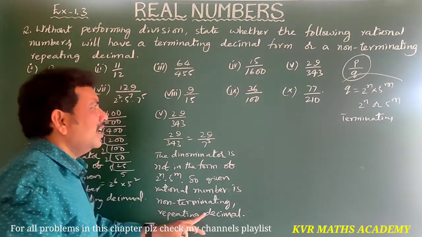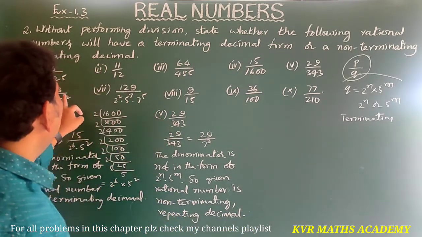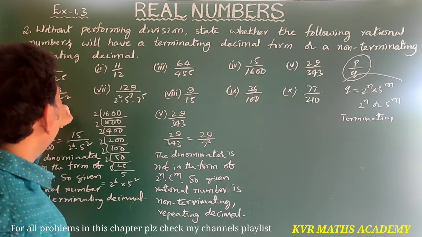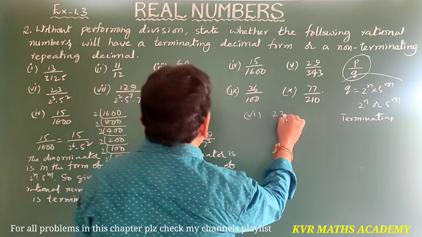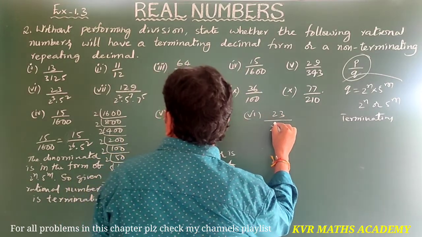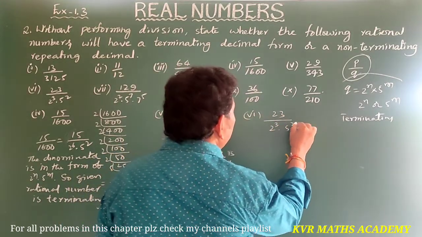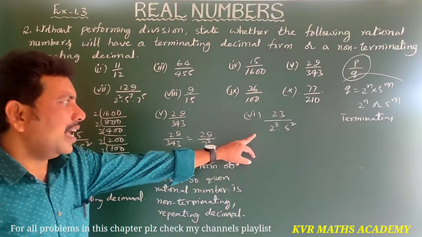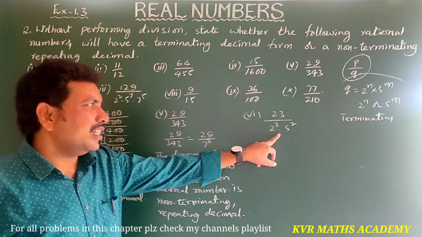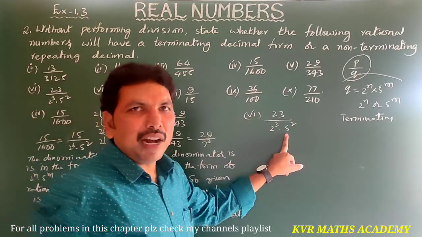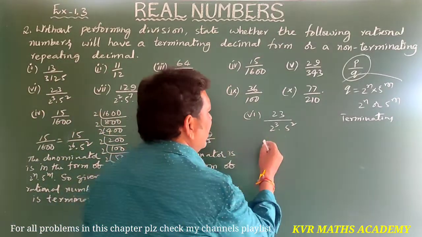Is it clear? Yes. Coming to the sixth one, this is 23 by 2 cube into 5 square. So directly it has been given 23 by 2 cube into 5 square. So it is in the form of 2 power n into 5 power m. Right.